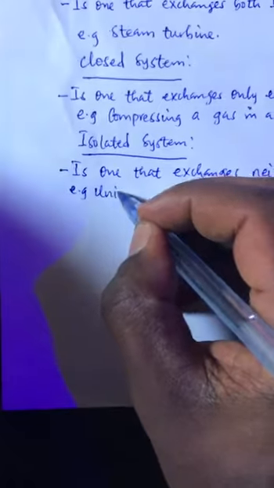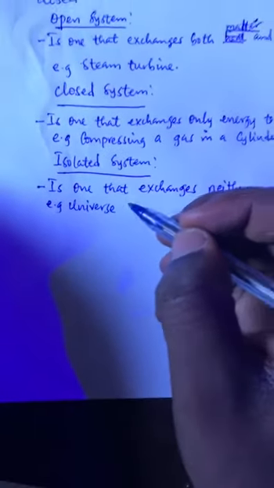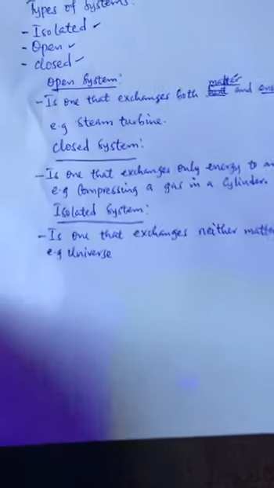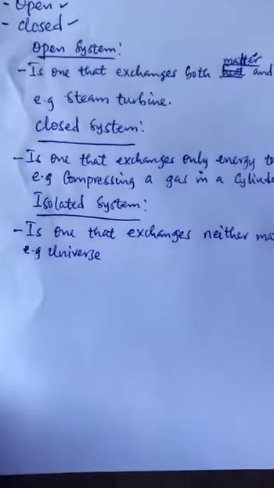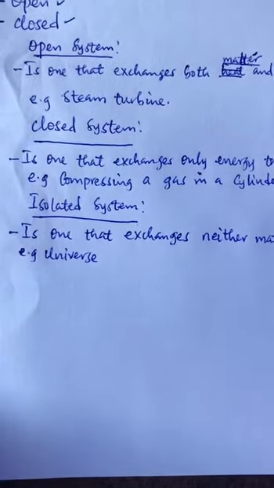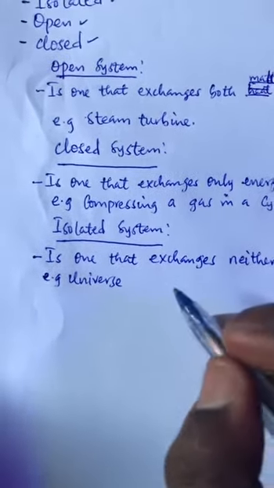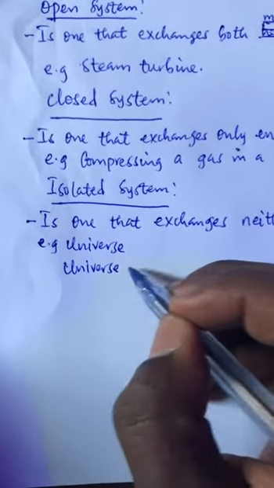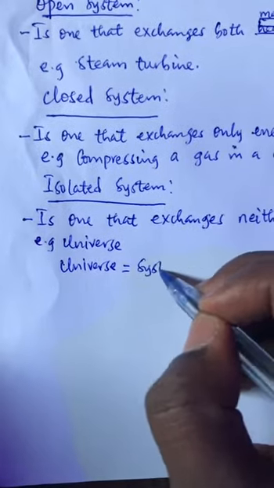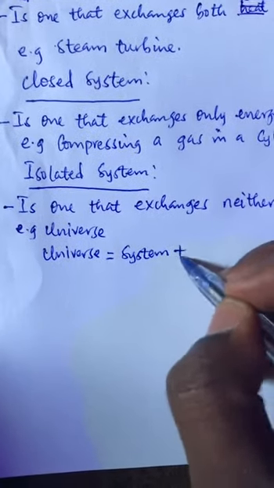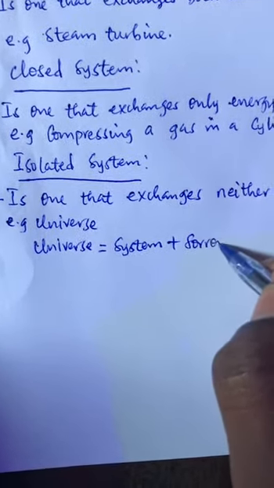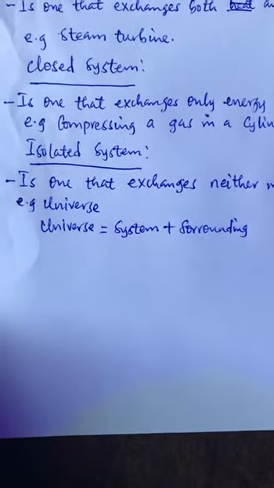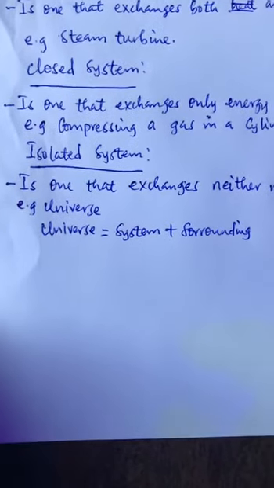The universe. You know the universe. The universe is composed of two things. When you get the system itself plus the surrounding, you get a universe. So a universe is just the system and the surrounding.